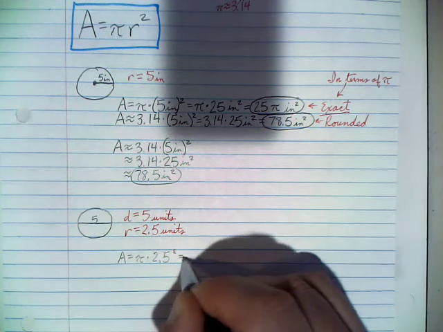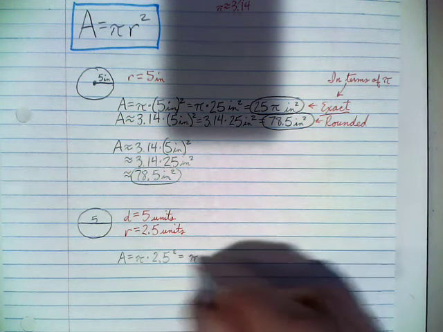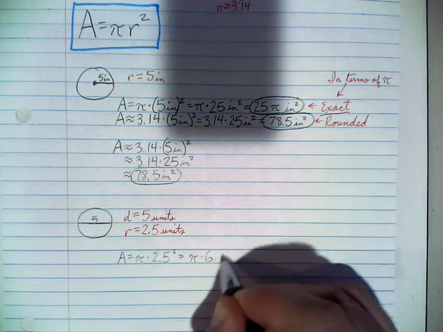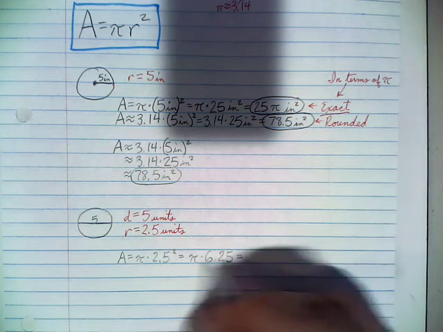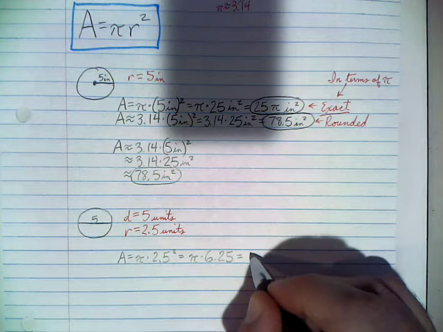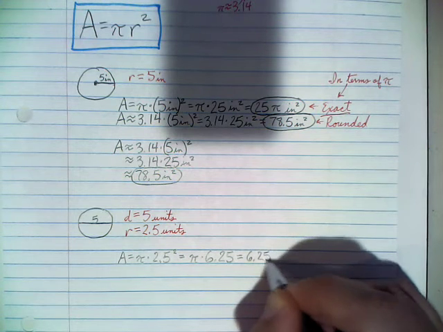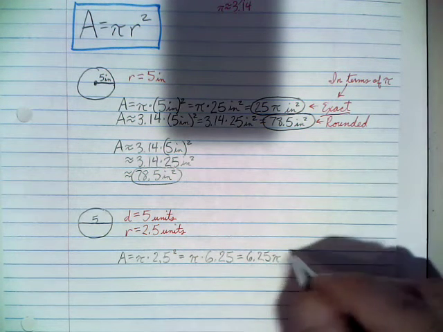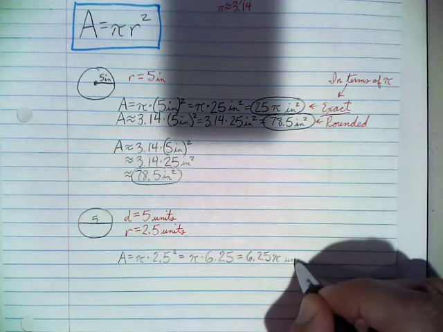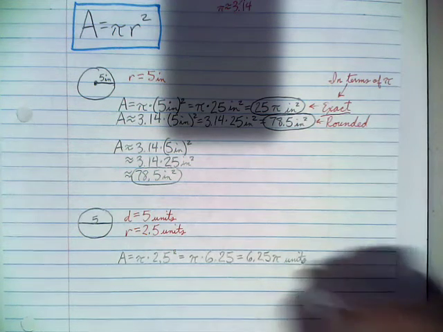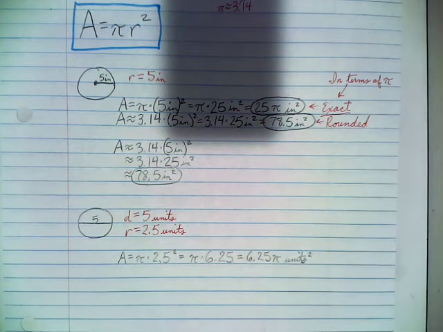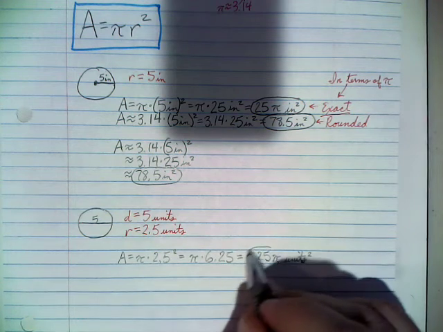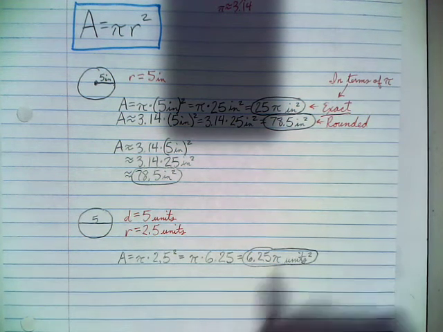So if we go ahead and simplify this now, this will be pi, and then 2.5 squared is 6.25. And then if we put this in the proper order now, 6.25 pi. And since I don't know what the units are, I'm going to put that placeholder in. Now, since it's an area, though, they'll be square units. So 6.25 pi square units.